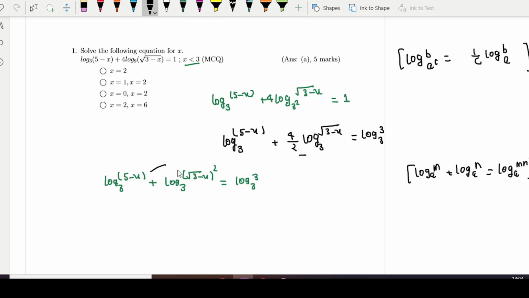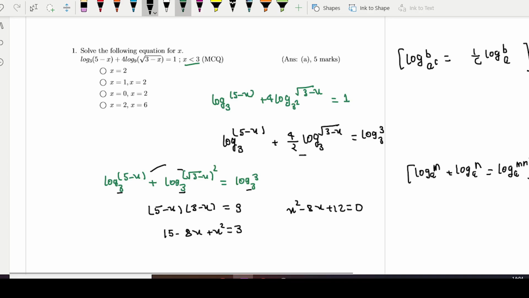So we will multiply both these terms, so it will become (5 minus x) times (3 minus x). Since bases are equal, so it will give 3. So finally it will result into 15 minus 8x plus x square is equal to 3. X square minus 8x plus 12 equal to 0.